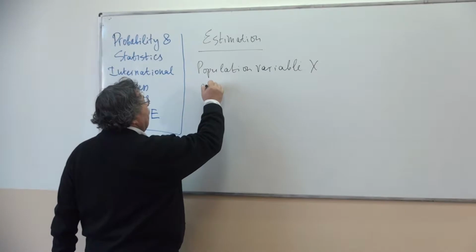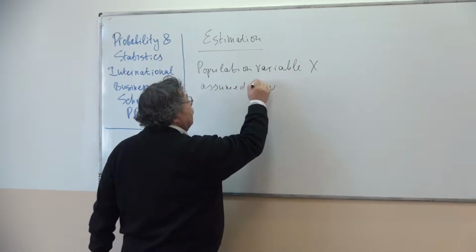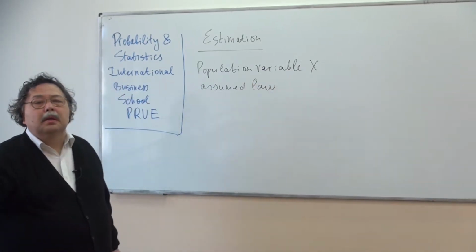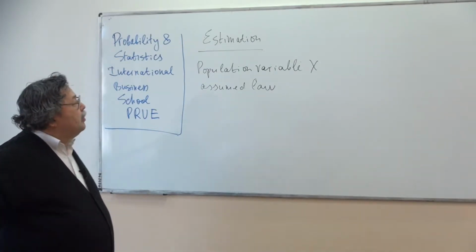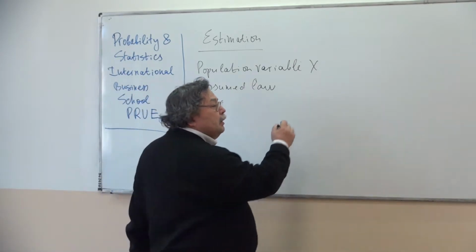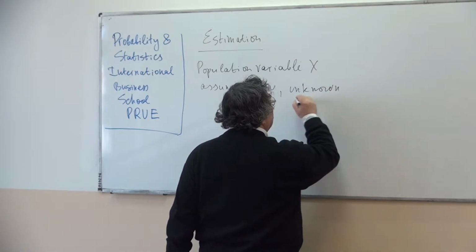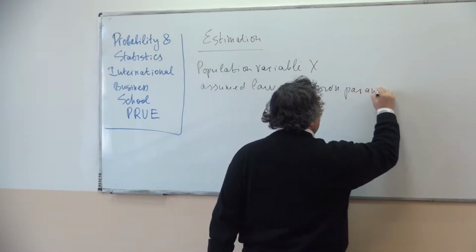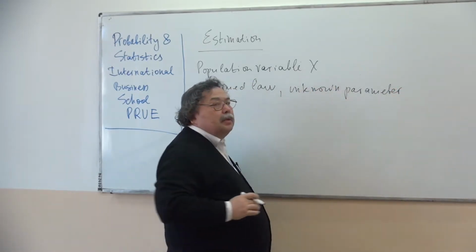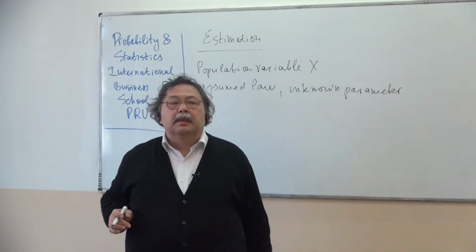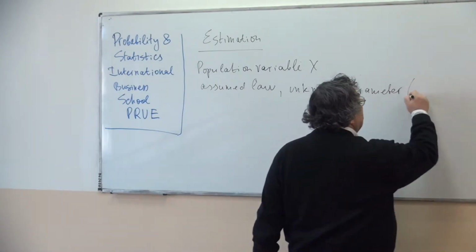We assume a certain law, the probability distribution for this x, assumed law, but in this assumed law, some parameter is unknown, and the most common situation is that mu is unknown.